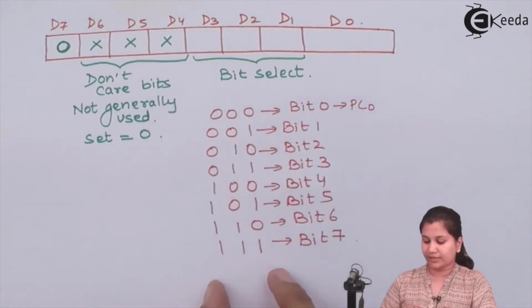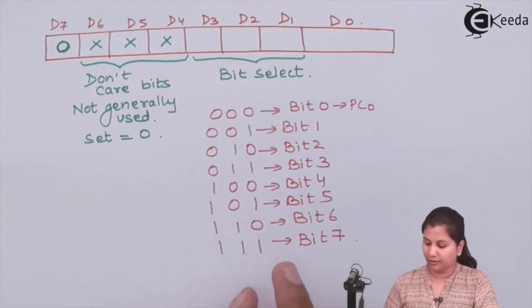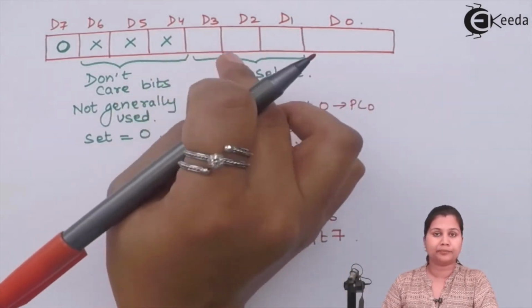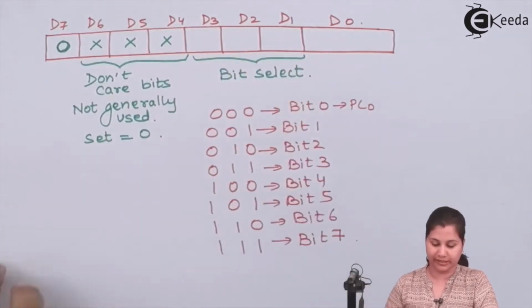These combinations decide which bit is going to be selected by this control word, and which bit is going to be set or reset.